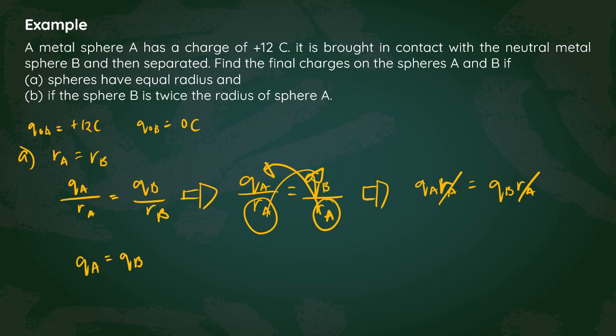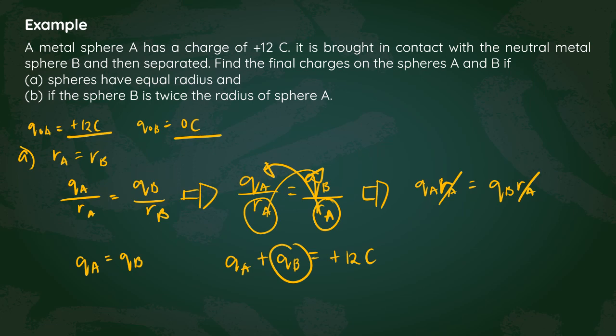Now, since they have shared the charge, remember that the total charge is 12. Therefore, QA plus QB is equal to 12 coulombs. Since you have positive 12 and 0, the total charge of that isolated system is positive 12 coulombs.